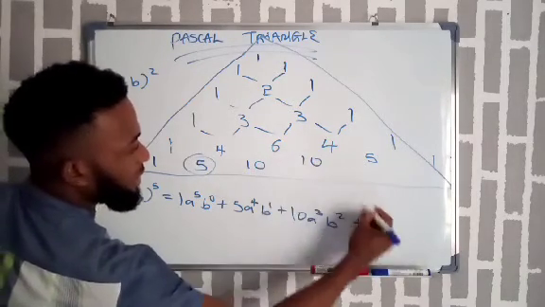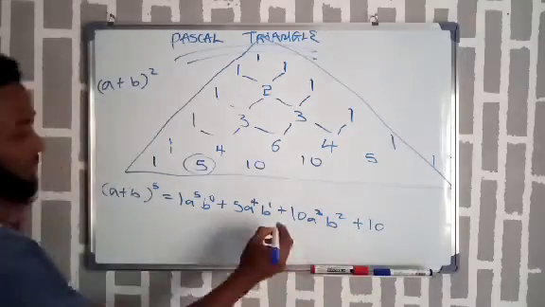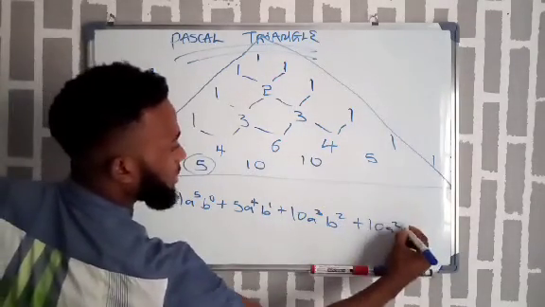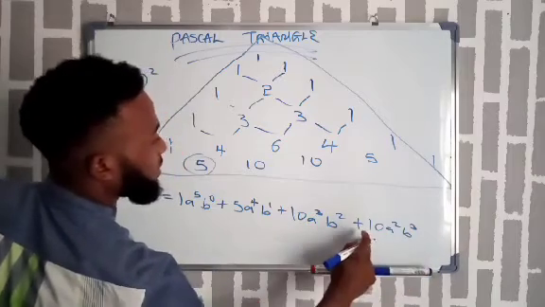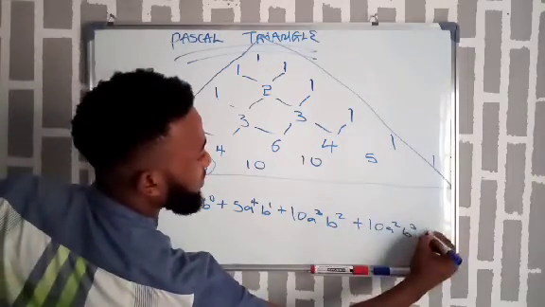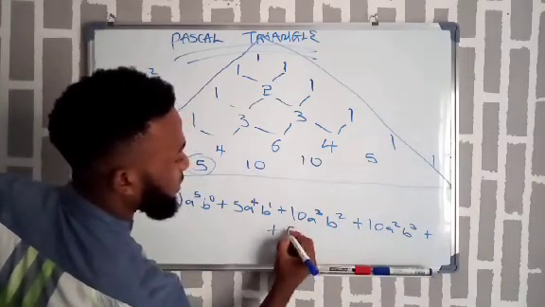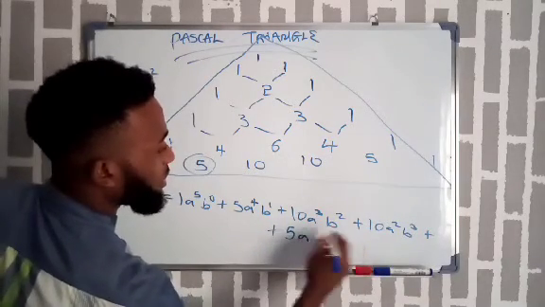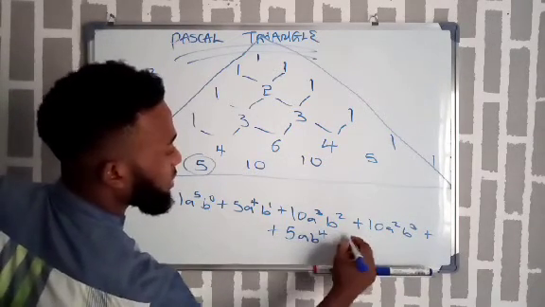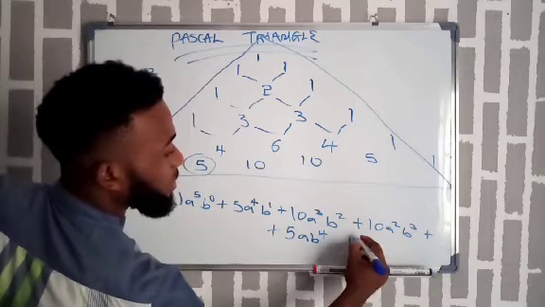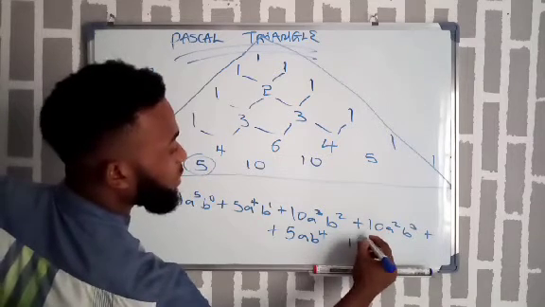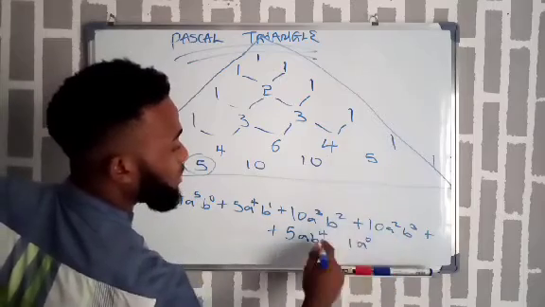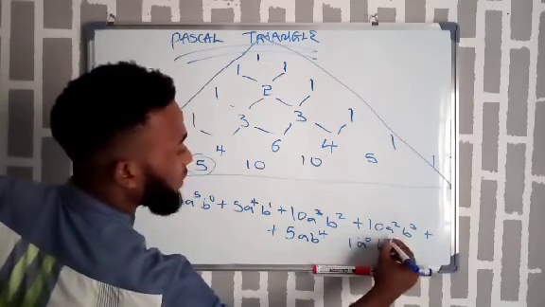Then you write 10 again, a reduces to square, b goes up to cube. Then you write 5, a reduces to 1, b goes up to 4. Then you write 1, a raised to power 1 minus 1 gives you 0, and b increases to 5.